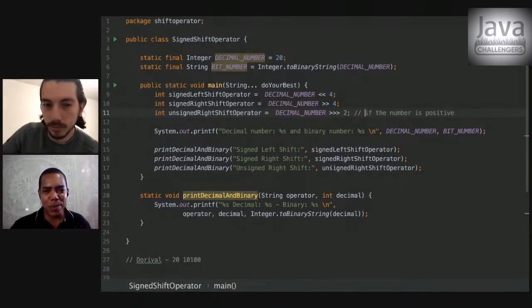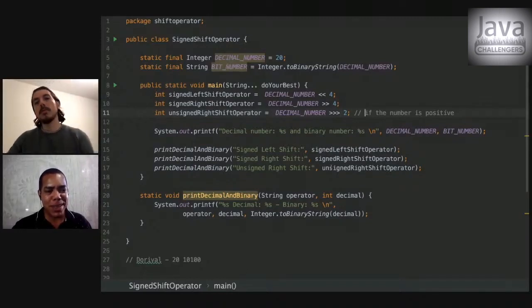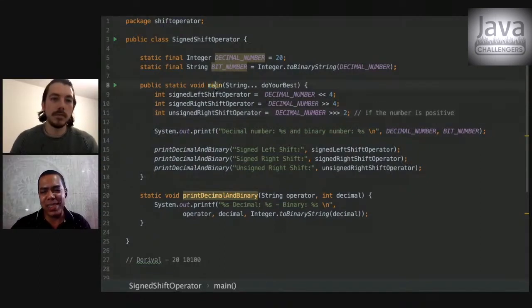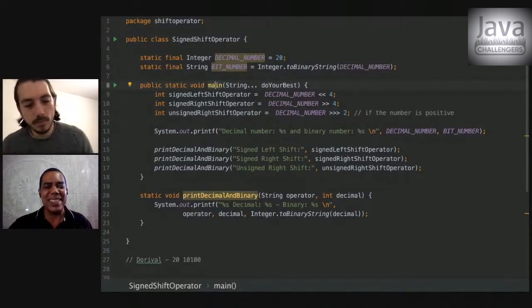Sometimes I saw the operation in algorithms, but I didn't have to change anything. But today it was a good opportunity to know better and know how exactly it is changing the number. Very good explanation, man. Thank you very much. Thank you, Dorival. That's really nice to hear.